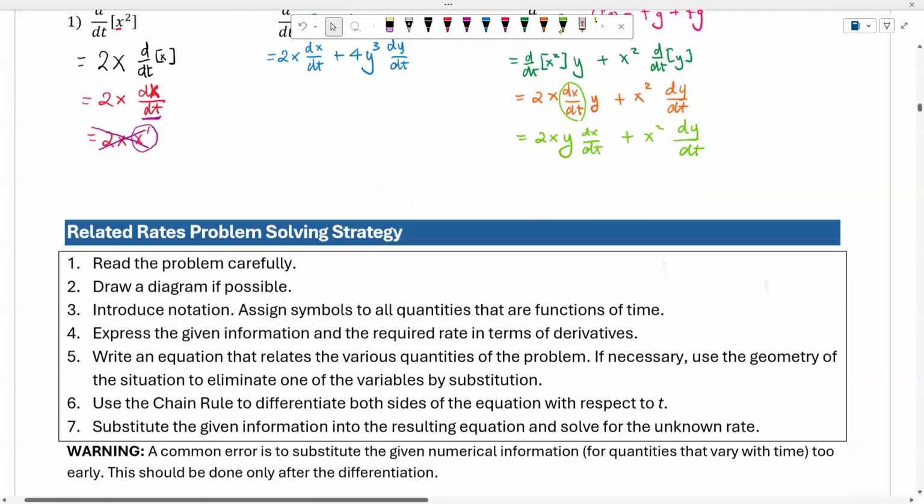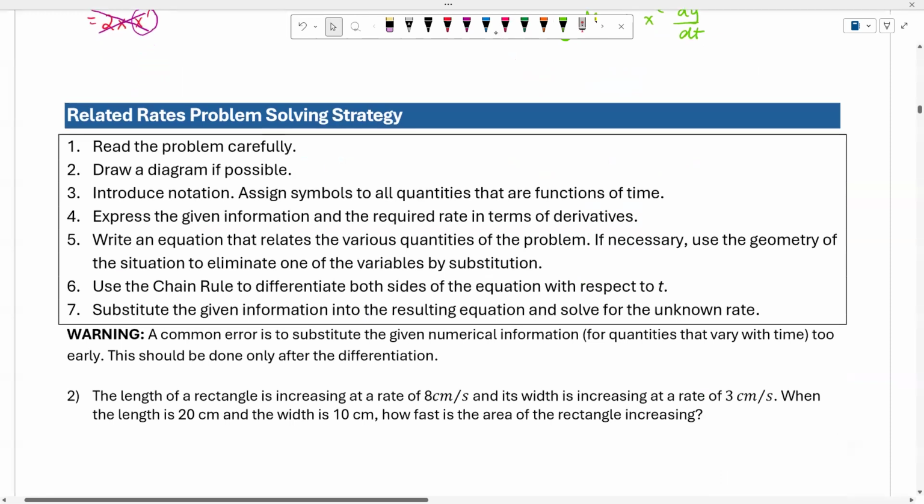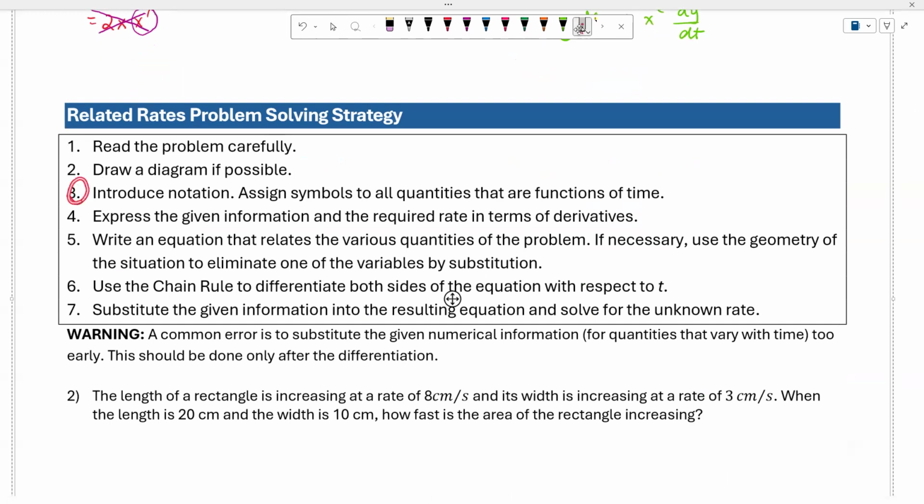Okay, so let's see how we take care of related rate problems. How do we solve them? First, we need to read the problem carefully, and then draw a diagram. Next, we introduce the notation: we assign symbols to all quantities that are functions of time.